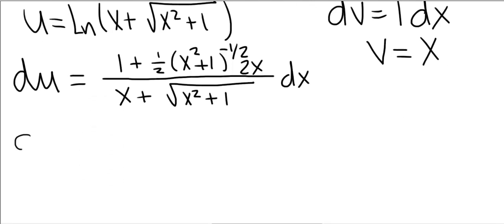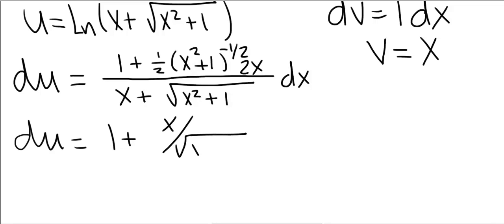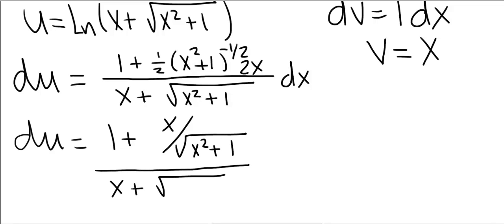So du is equal to 1 plus, the 2 and the 1/2 cancel, and we have x divided by the square root of x squared plus 1, and then it's divided by x plus the square root of x squared plus 1 dx.